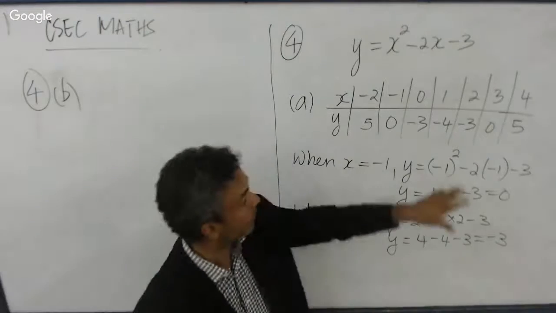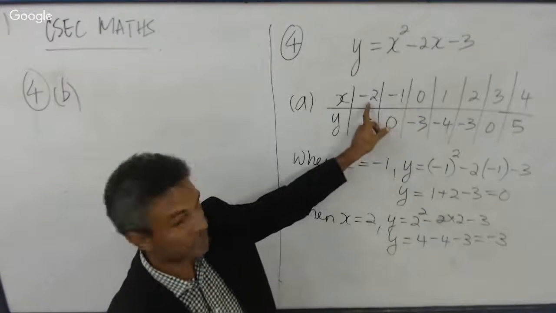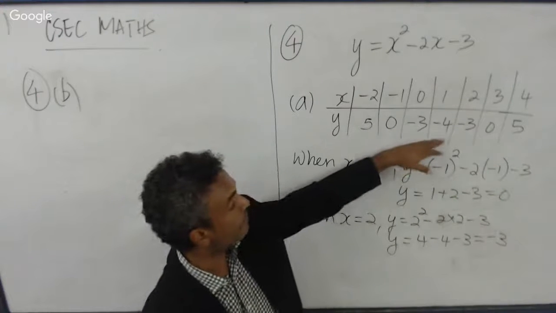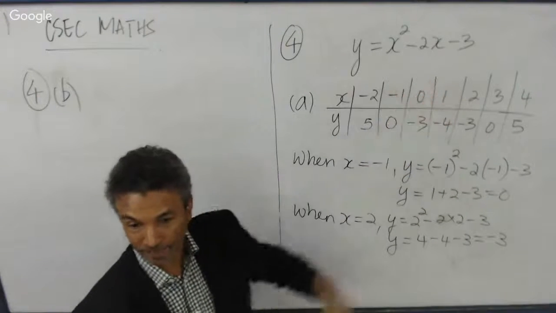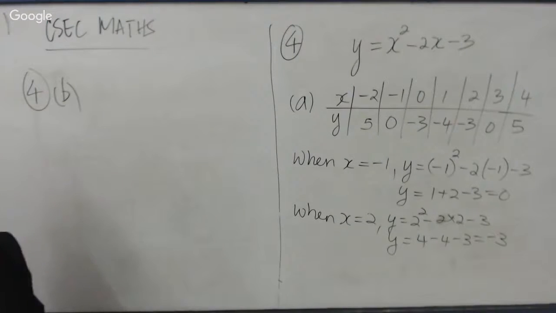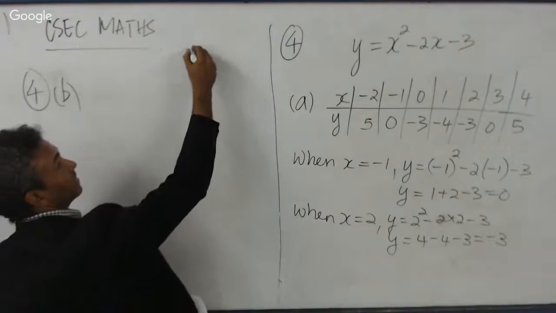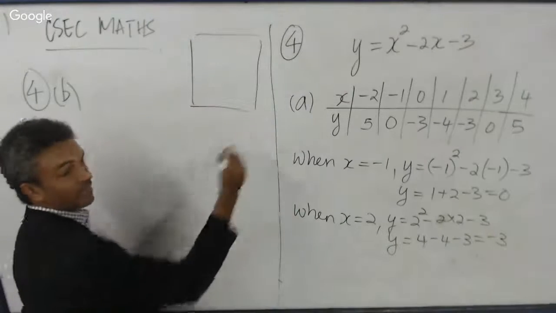Now, just a little thing with the graphs. X values are going from -2 to 4. Y values are going from, say, -4 to 5. That means your axes would be almost like a little cross. This is a sketch, based on what I see here, my graph paper.